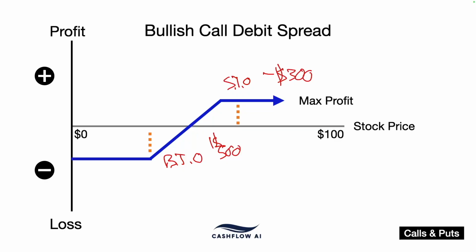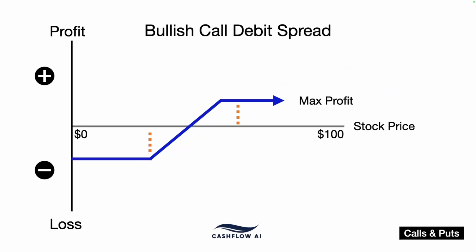So now instead of it costing you $500, it only costs you $200 total. So the give and take is that instead of having a $500 risk, now you only have a $200 risk, but you have a max profit because the call that you bought can only come up to here, and then it's going to stop gaining profit, if that makes sense.